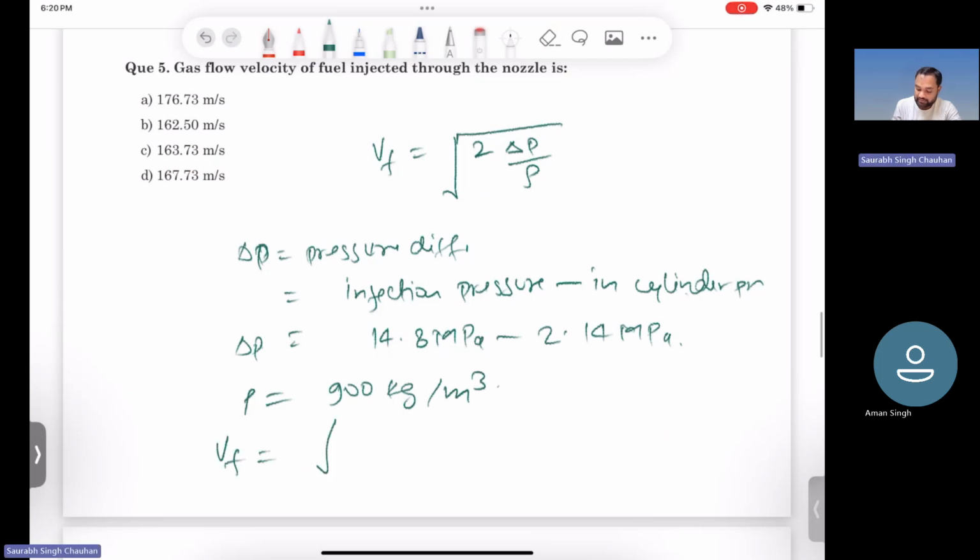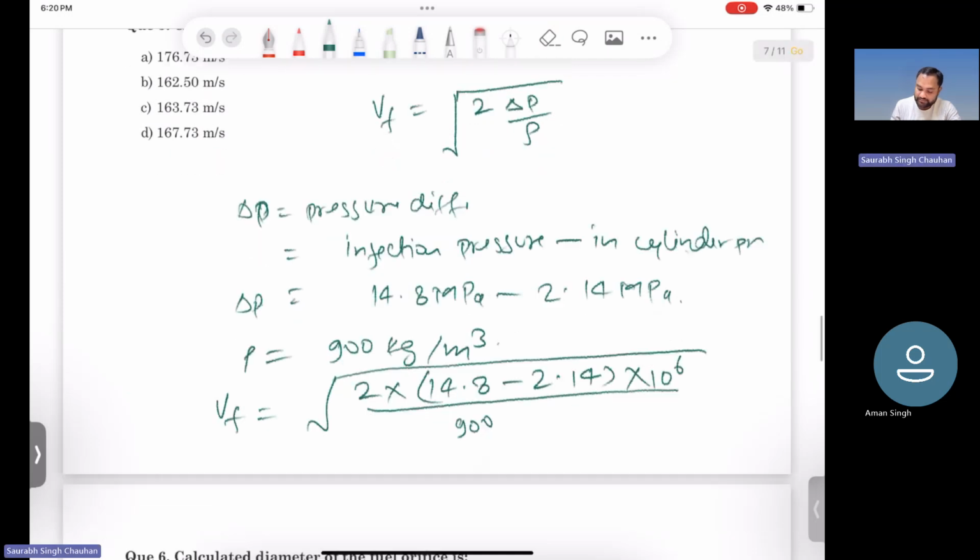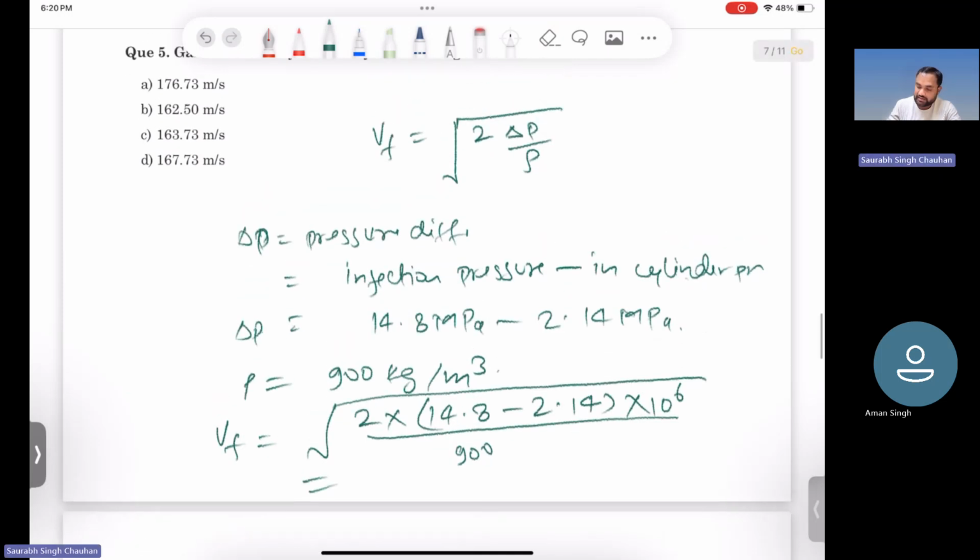So velocity will be the square root of 2 into (14.8 minus 2.14), which is in megapascal. To convert this to SI unit, just multiply by 10 to the power 6, divided by 900. So you can calculate this value.